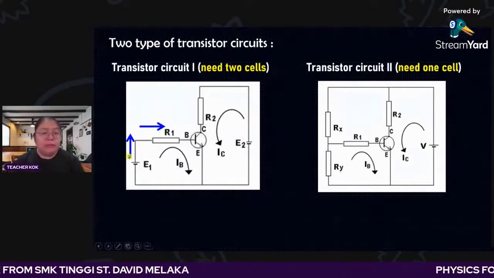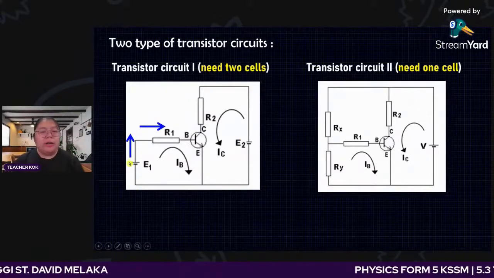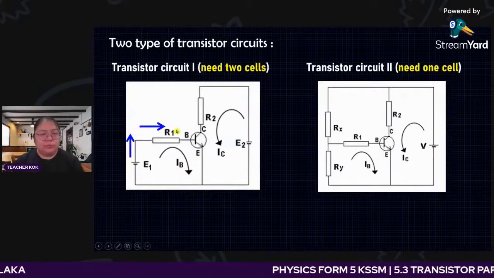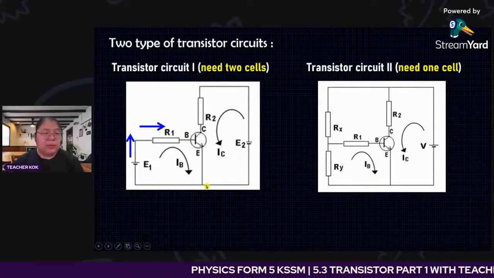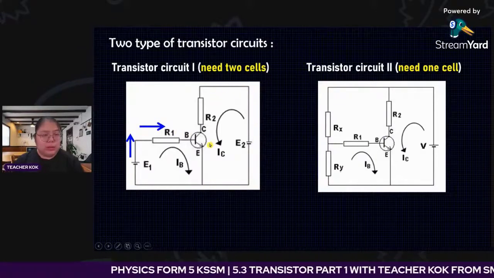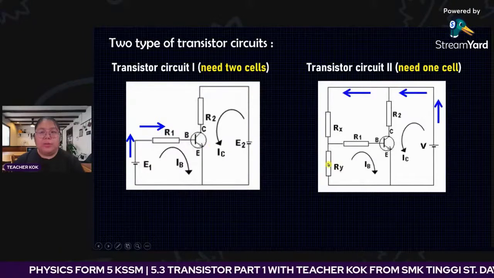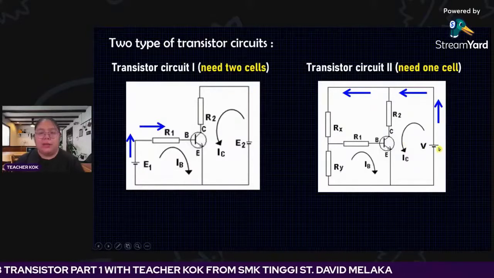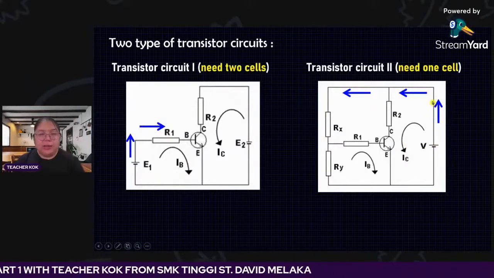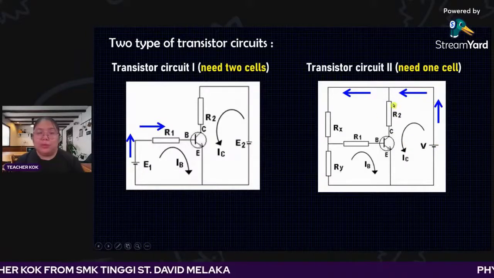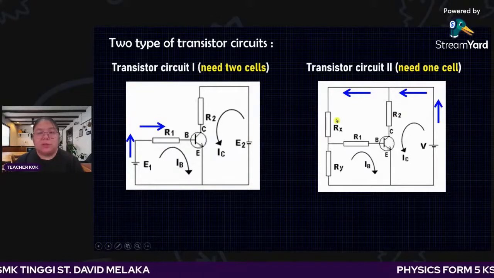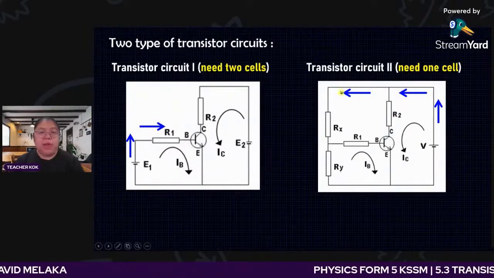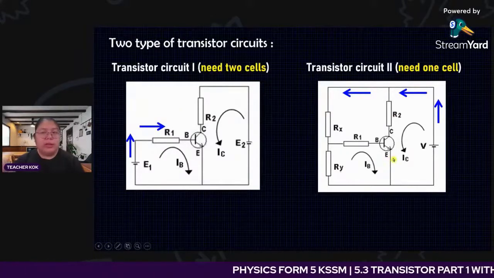Okay, let's see how it starts. The current starts from E1, then goes to the base. Another one is E2. From here you can see this part: when the current just starts, it never goes to R2. It goes to RX, goes to the base, then goes down.